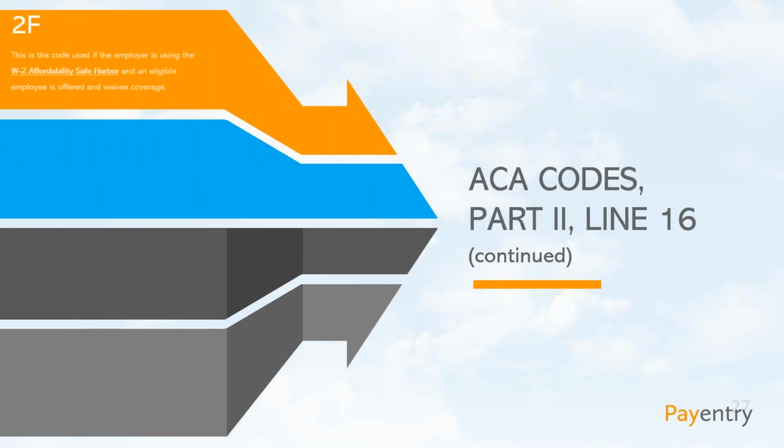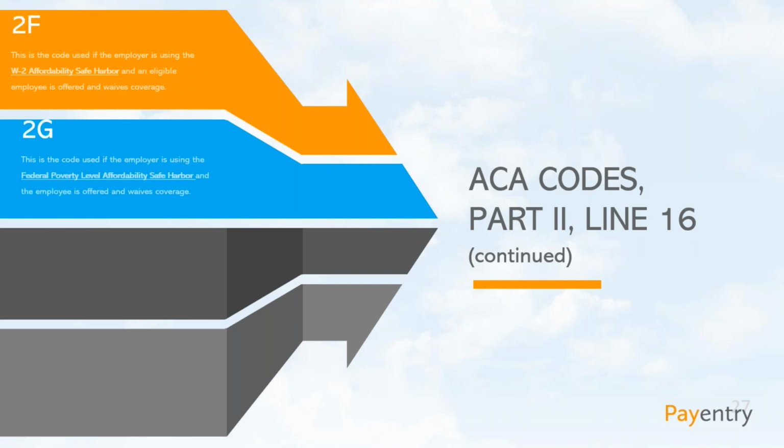So, more codes. 2F, this is the code used if the employer is using the W-2 affordability safe harbor, and an eligible employee is offered and waives coverage. So instead of leaving that blank, we'd want to put this in if you're using the W-2 safe harbor.